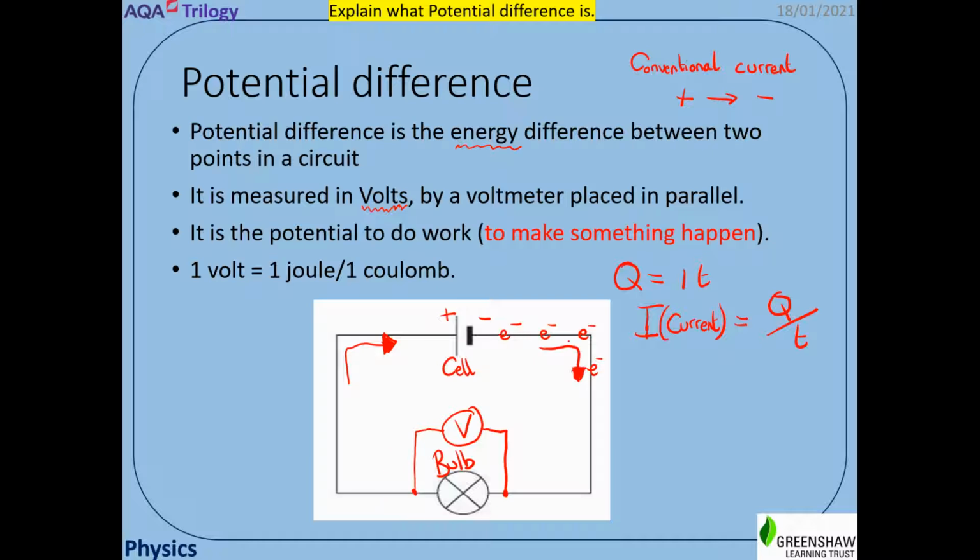So our charge is flowing around the circuit now. Our charge is picking up energy from the cell. So the cell here, this stores chemical energy. And it pushes the electrons around.